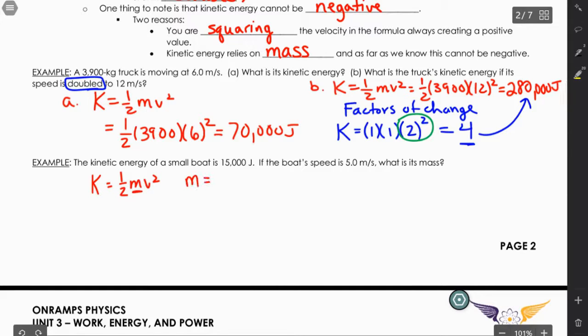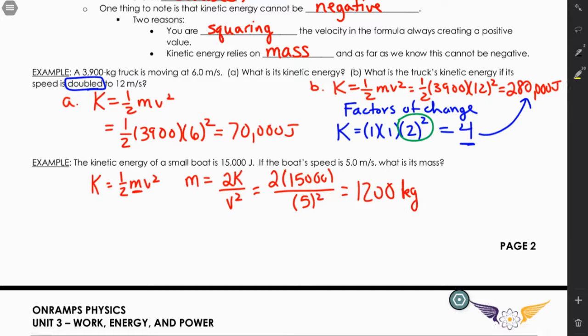So mass is going to be, first we're going to divide by 1/2, which is the same thing as multiplying by 2, and then we're going to divide by v squared. And now we just plug in numbers. 2 times 15,000 divided by 5 squared, and we find the mass of the boat is 1,200 kilograms.